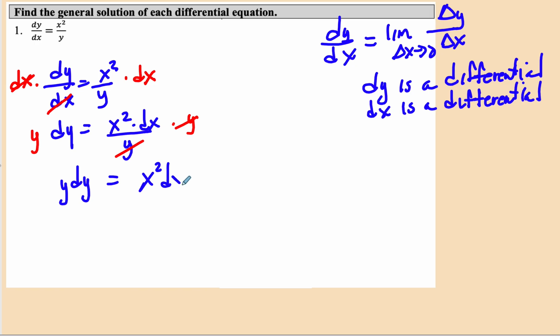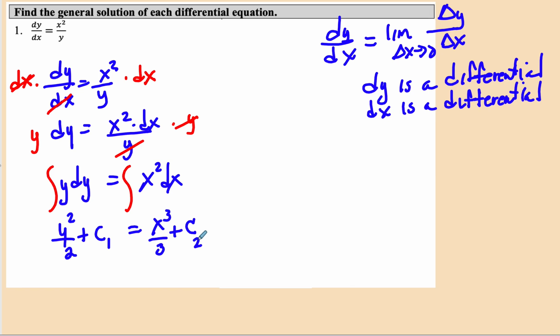At this point, I'm going to take the integral of both sides. And when I take the integral of both sides, I am going to get y squared over 2 plus a constant, and then I'll get x cubed over 3 plus another constant. And to make them look different, I'll put c sub 1 and c sub 2. All right, I'm going to bring the x's over to one side.